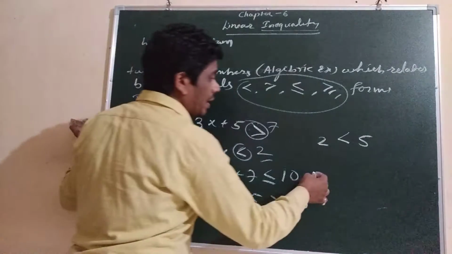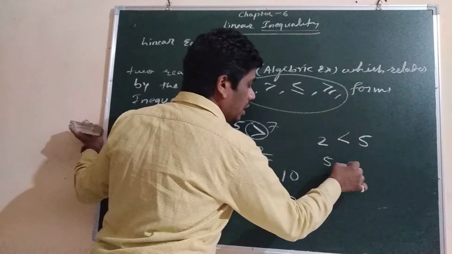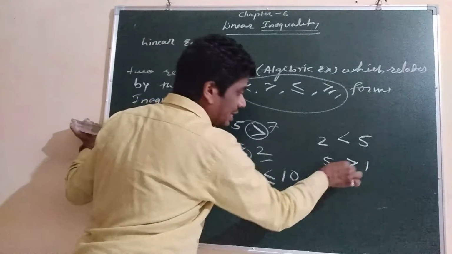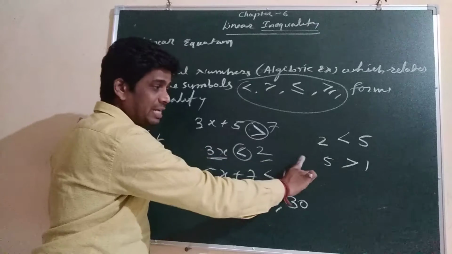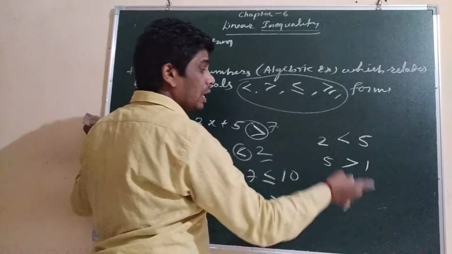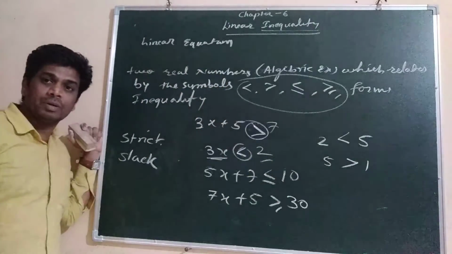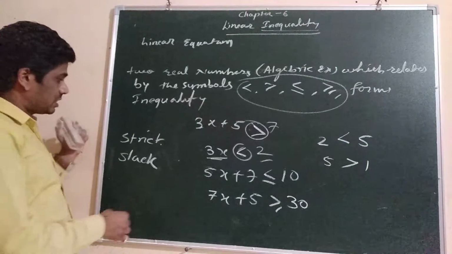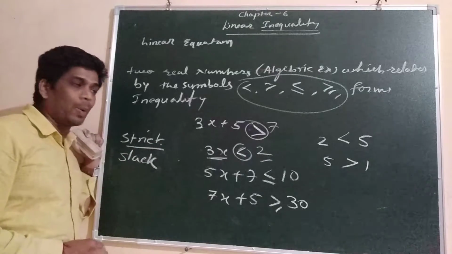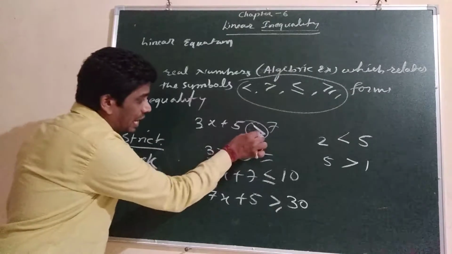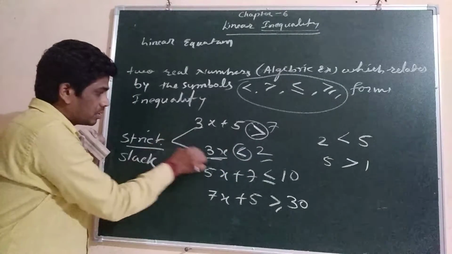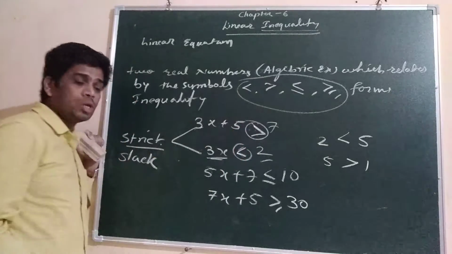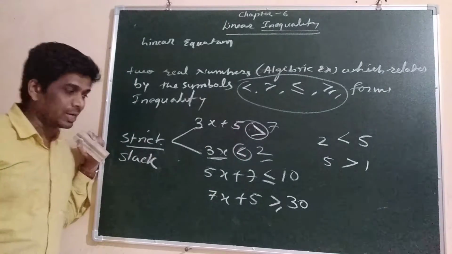If you are comparing 5 with 1, we will use the greater than symbol, because the left side number is greater than the right side number. So in strict inequality there will be only less than or greater than symbols.